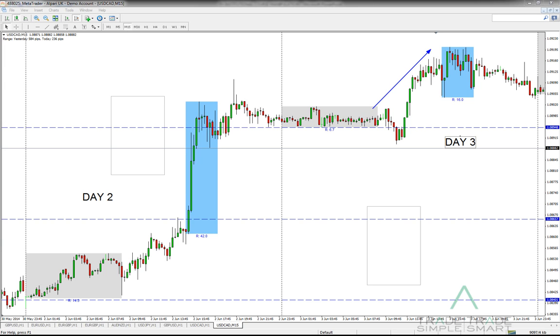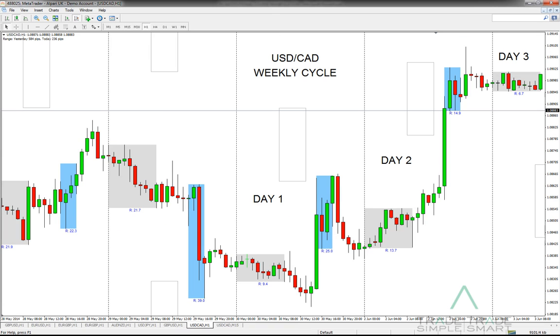Okay, so we have two levels of rise that we had identified on our weekly cycle, and on the current day or the third day of the cycle, we would be expecting smart money to manipulate retail traders into the wrong side of the market, which, as we know, because we're expecting a third level of rise, will be to the downside.